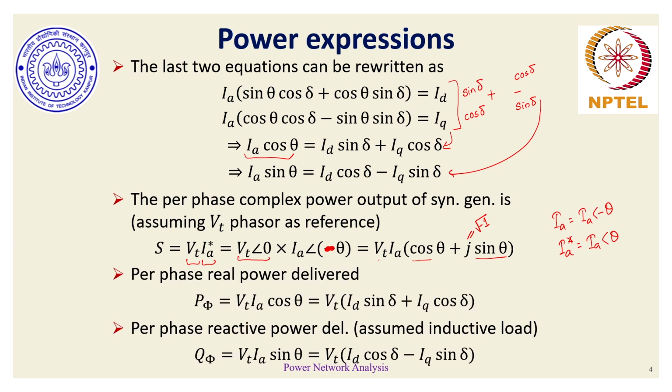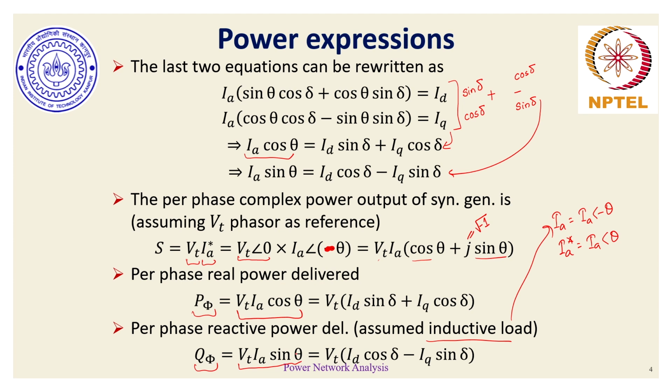The real component is the per phase real power delivered, which is Vt Ia cos theta. And the imaginary component is the per phase reactive power delivered, assuming that the generator is feeding an inductive load, which is why I have the current as lagging the terminal voltage. Then Q phi, the per phase reactive power delivered, is Vt Ia sin theta.